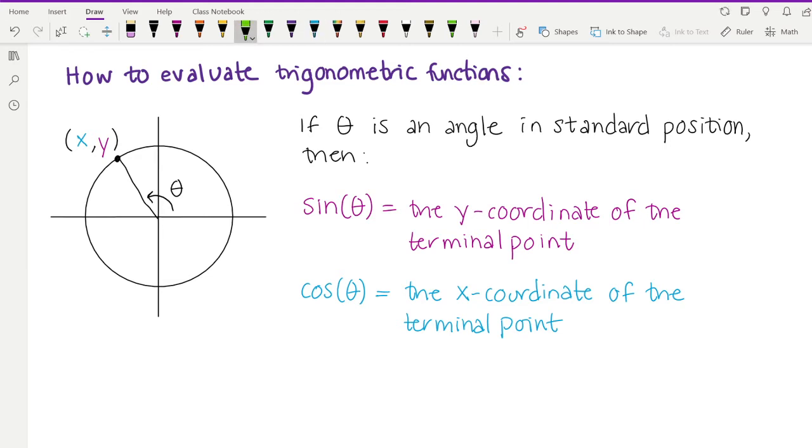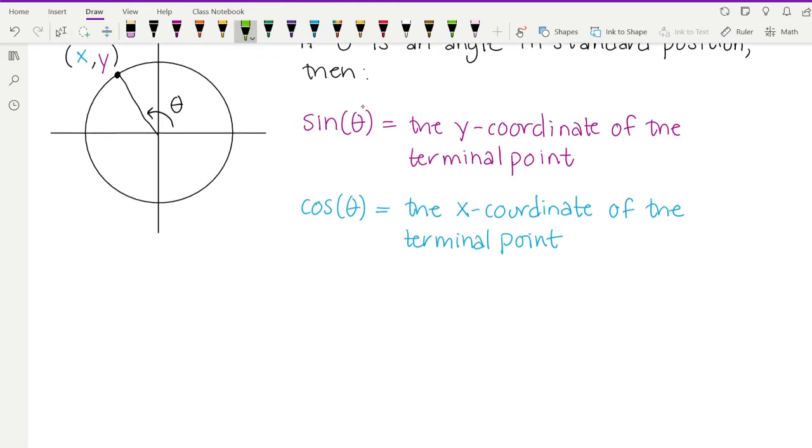So what about tangent? Tangent has one extra step to it. To evaluate tangent, you take the y coordinate of the terminal point and divide it by the x coordinate of the terminal point.